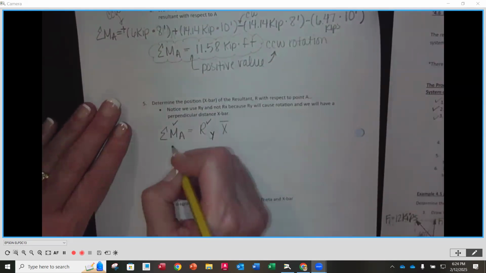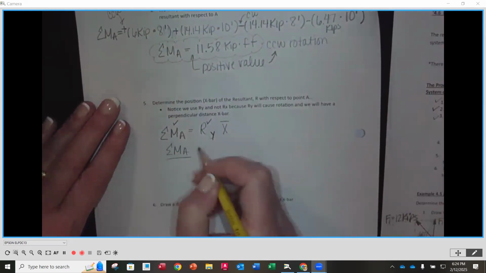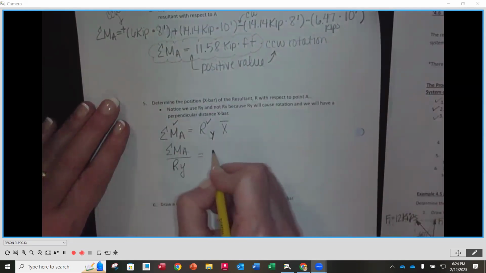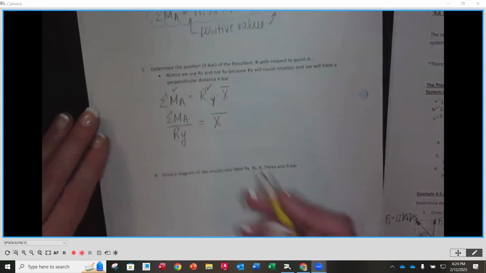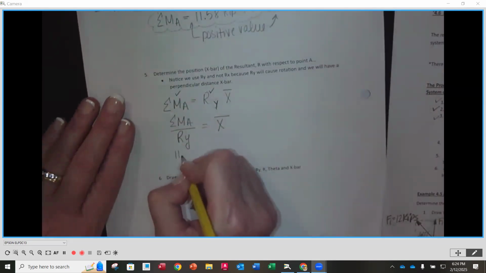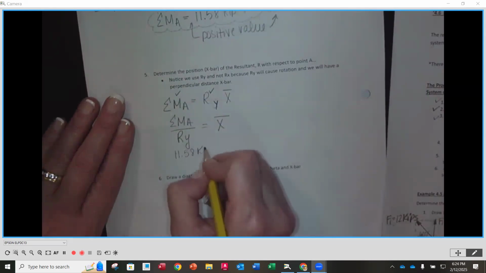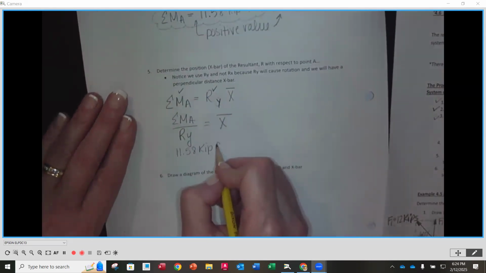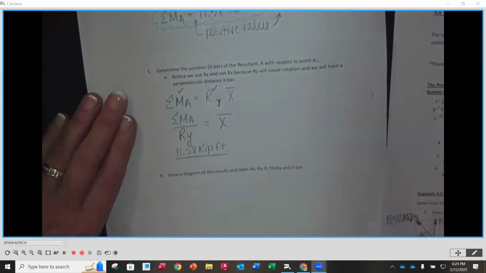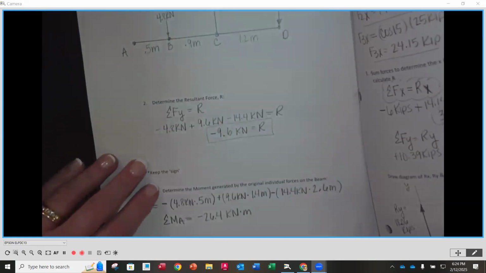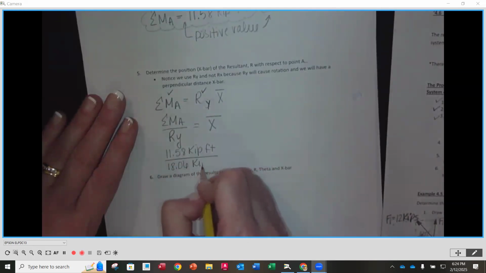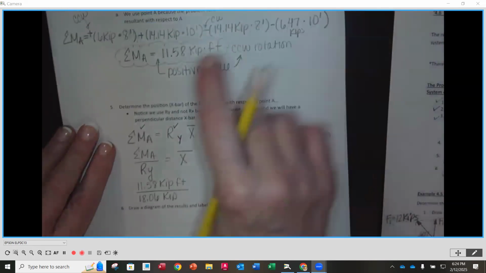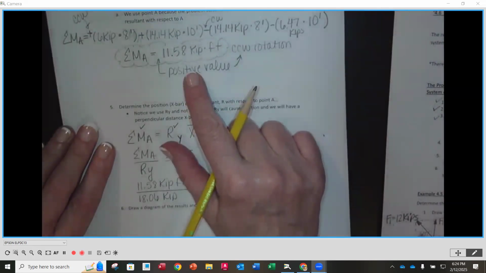We can just rearrange this and say, oh, the sum of the moments around A divided by RY is equal to X bar. And now we can fill in our values and solve for X bar. So I'm going to take my 11.58 kip feet, divided by, say that number was 18.06 kips.